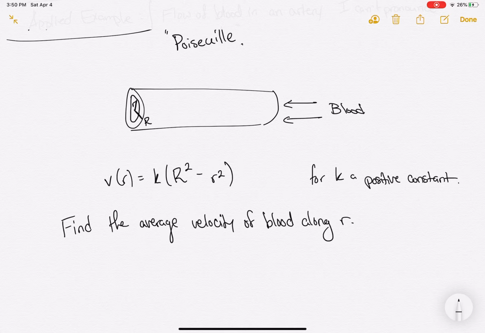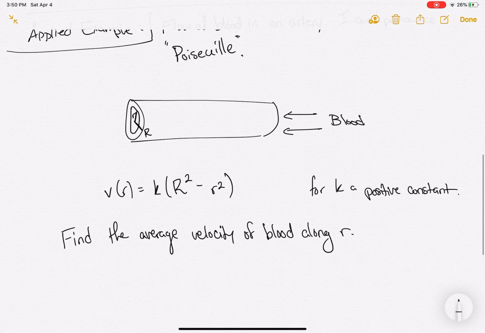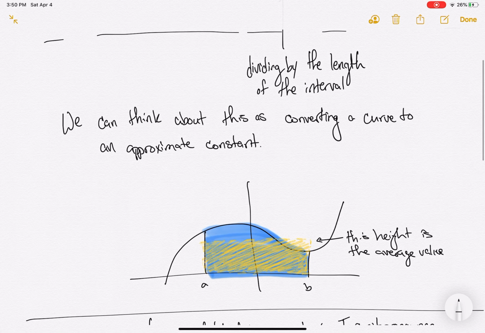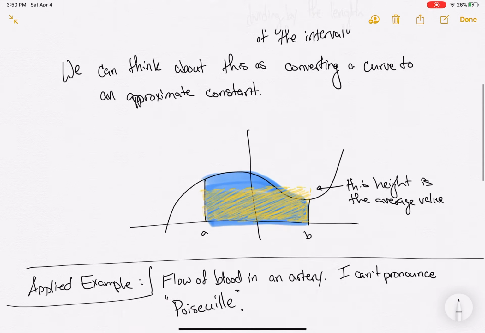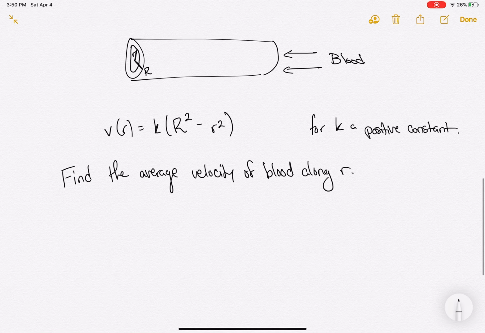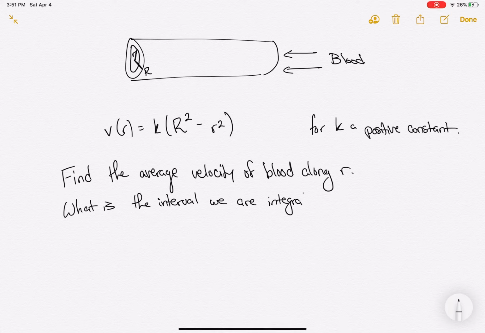What is our interval? That's kind of the first thing we have to answer. So we're going to use this average value formulation up here. You just take the integral over an interval, and then you divide by the length of the interval. And here we want to know our interval. What is our interval? Because it doesn't actually tell us.